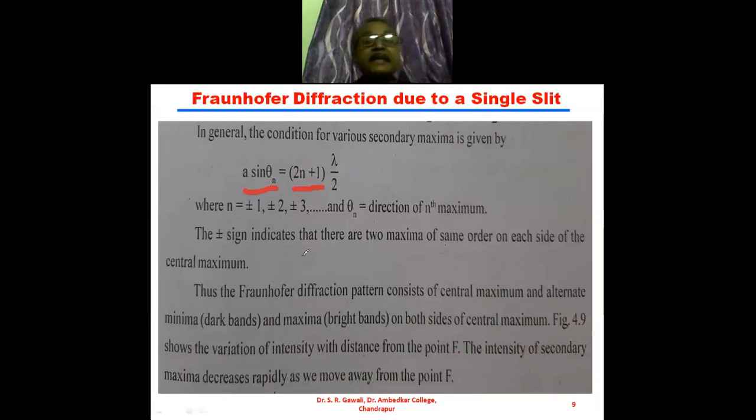The plus minus sign indicates that there are two maxima of the same order on each side of the central maximum.